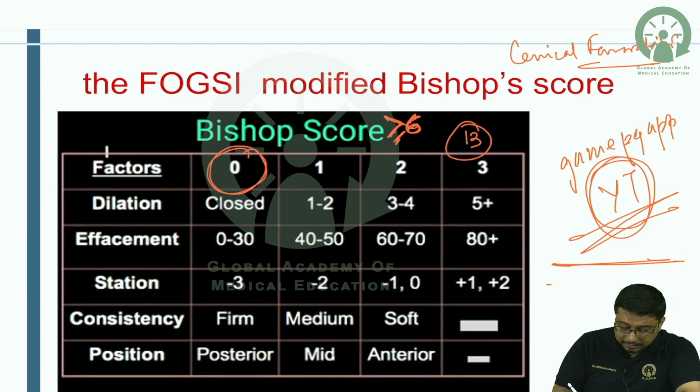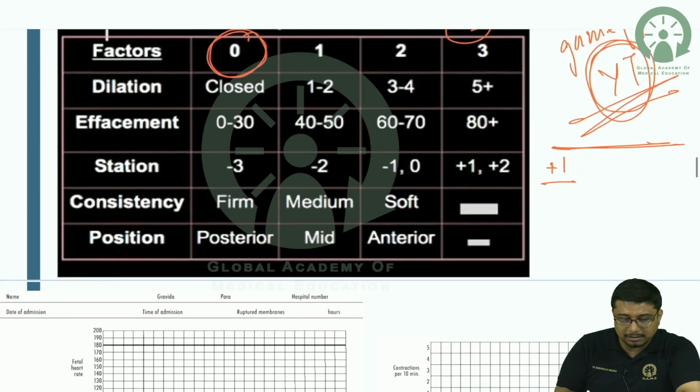I will just highlight the FMGE modifiers. Once the score is determined based on the cervical factors, based on the mother's history and presentation, we need to modify the score to make it clinically more significant.